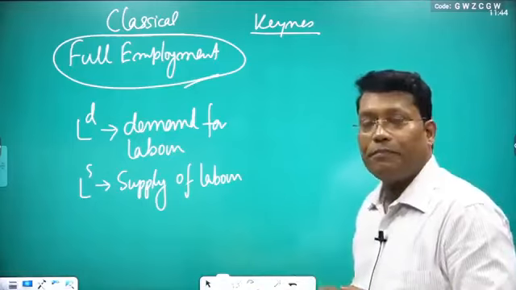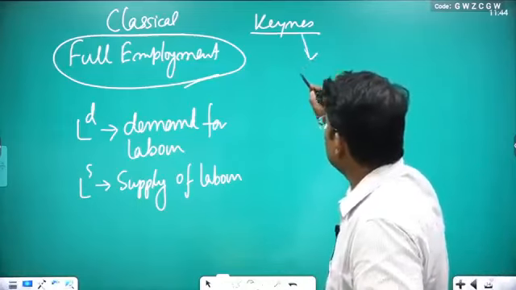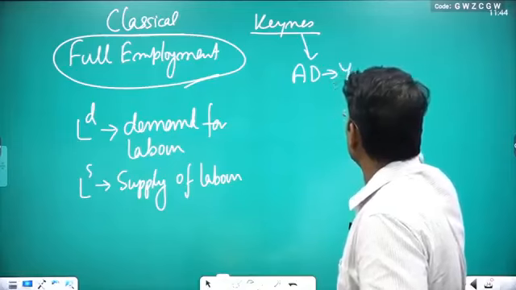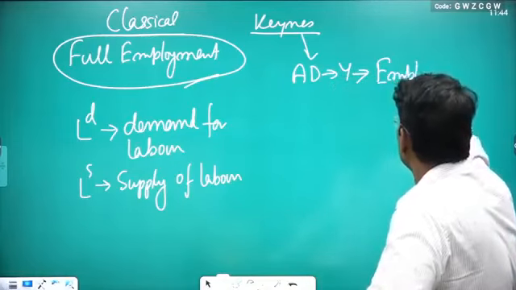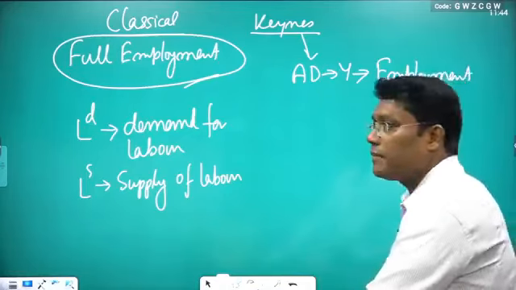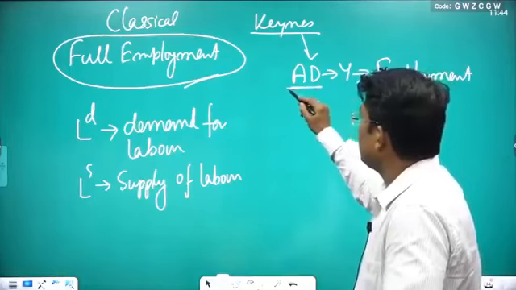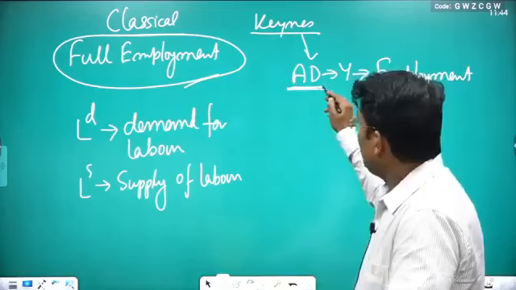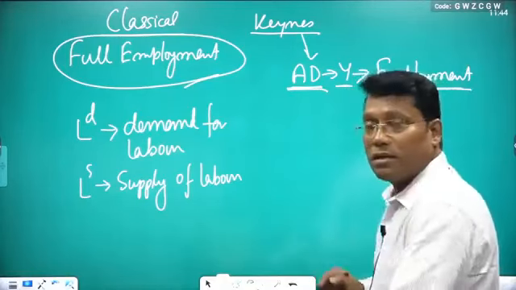These two are there. Since in Keynesian theory you learned that aggregate demand is going to decide the level of output, and output is going to decide the level of employment. It means how much aggregate demand is there, accordingly you are producing the output and accordingly the employment.